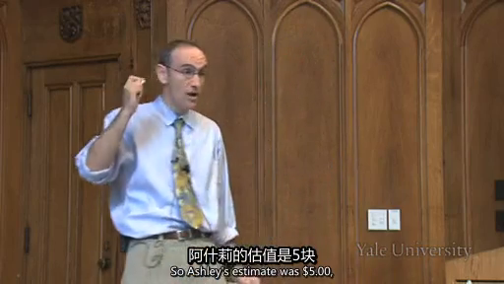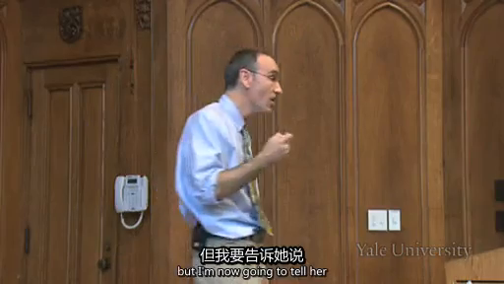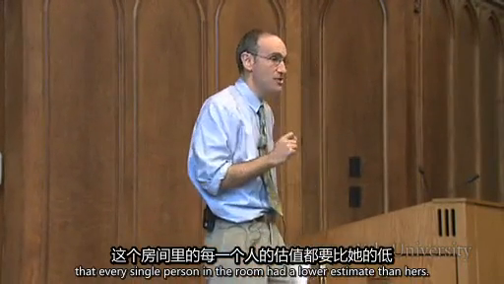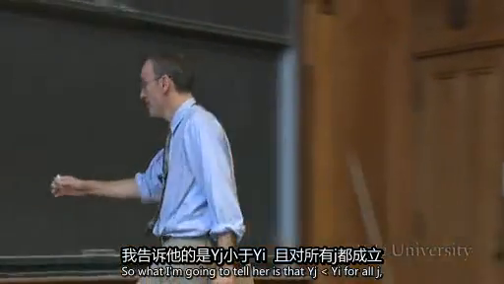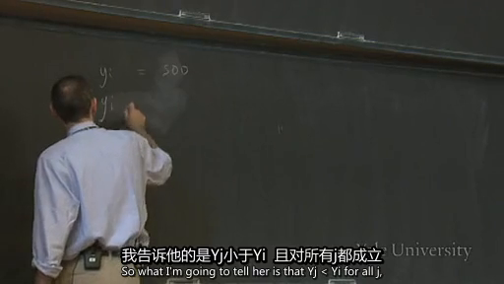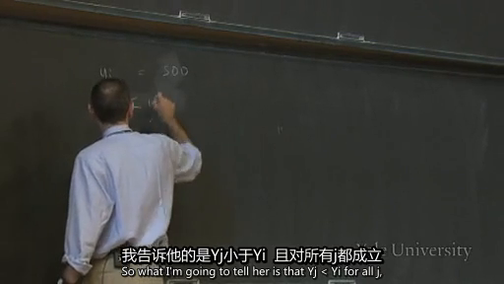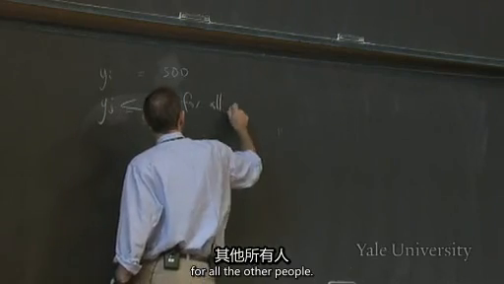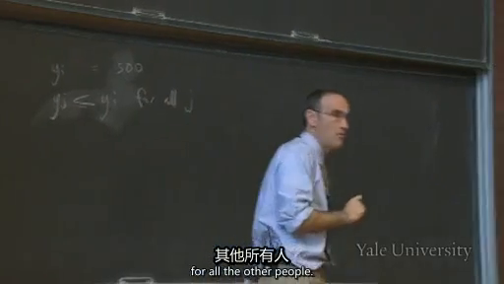So Ashley's estimate was $5, but I'm now going to tell her that every single person in the room had a lower estimate than hers. All right? So what I'm going to tell her is that yj is less than yi for all j, for all the other people.